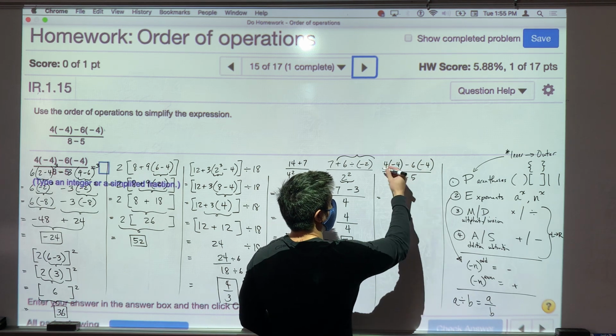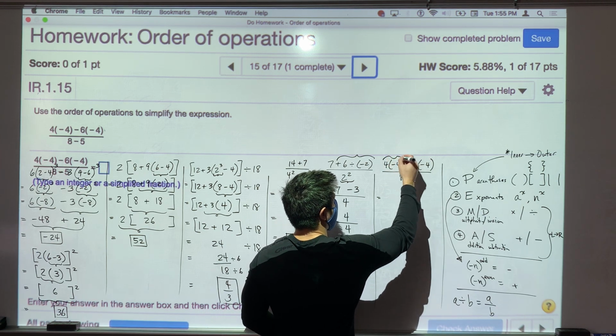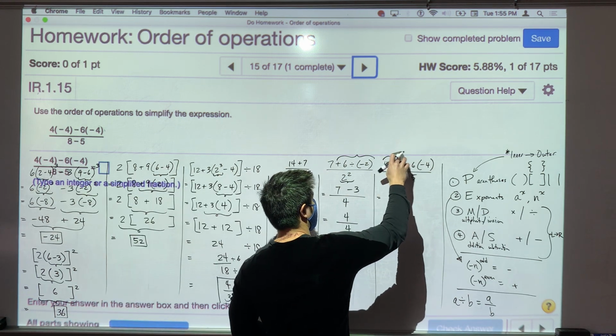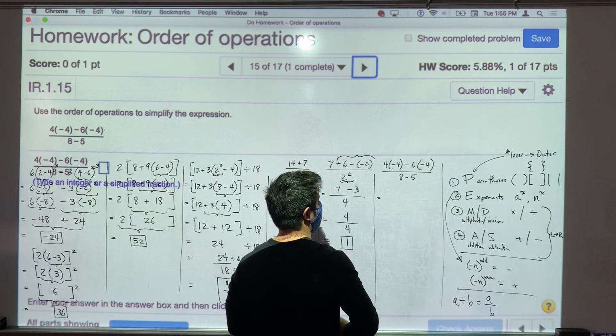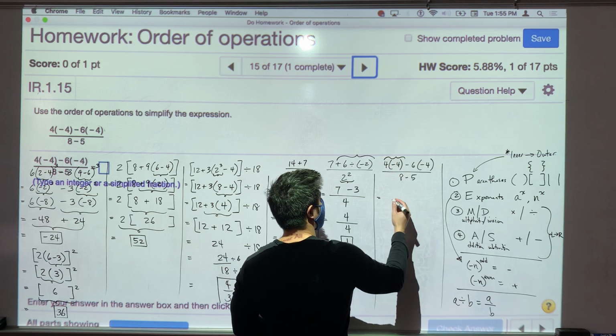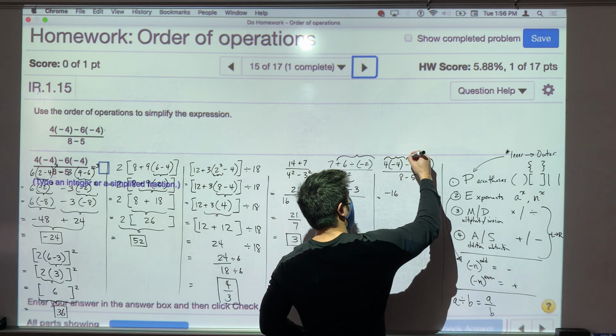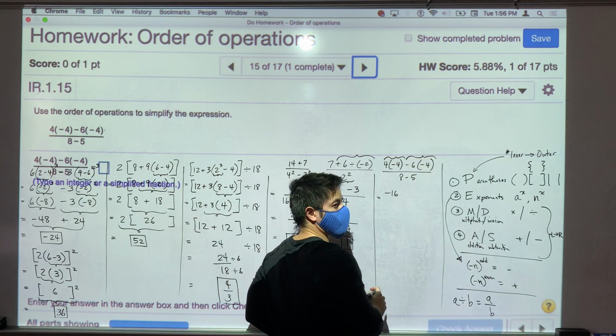So with that said, I'm going to do the top. 4 times negative 4 would be the first thing that I would do. And so I've got a positive times a negative, which is going to be a negative 16. What else do I have? I have a negative 6 times negative 4.